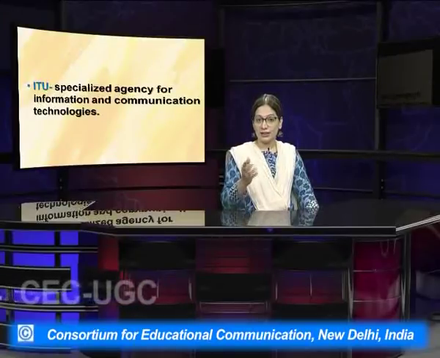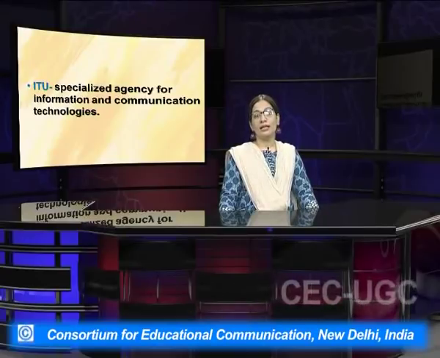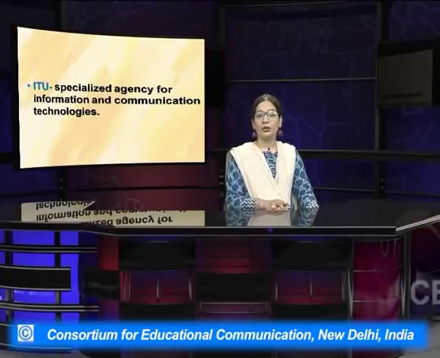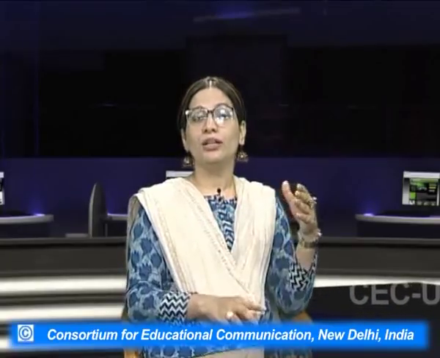We have the ITU, which is the specialized agency for information and communication technologies. So, dear listeners, we see how the ambit of United Nations today is much more broad.